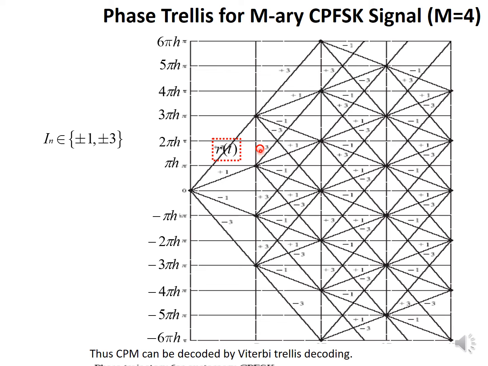It may be closest to one of the candidates, but we do not make a decision immediately, because every symbol has a correlation with previous symbols. So we continue to receive the sequence, and we have the second, the third, and another new received symbol.